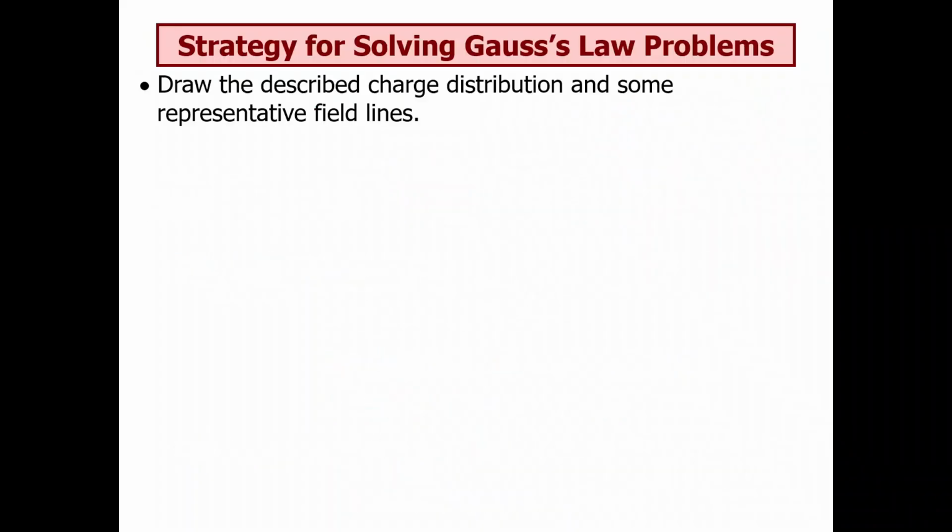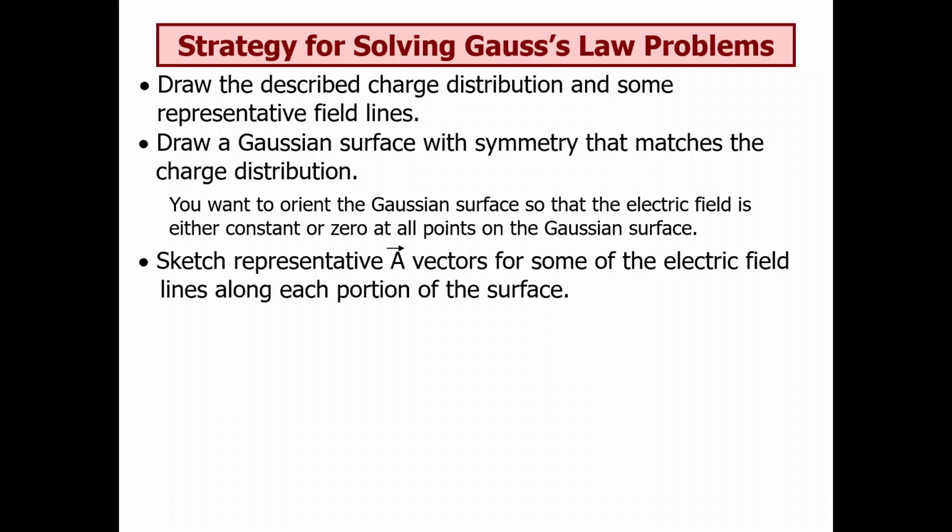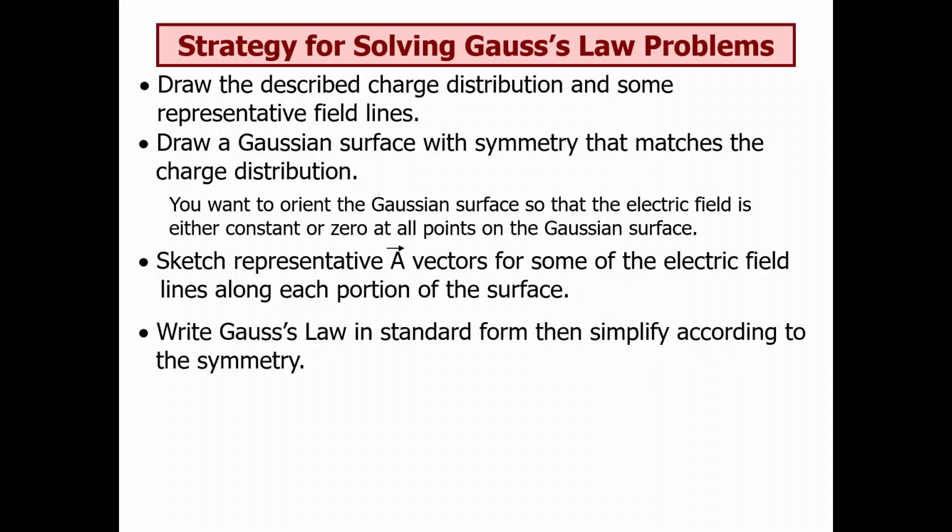So here's how we solve Gauss's law problems. We draw the charge distribution, and we draw some field lines for it. We choose a Gaussian surface so that the electric field is either constant or 0 at all points on the surface. We sketch some A vectors, some surface area vectors near those electric field lines, so we can figure out if they're parallel or perpendicular.